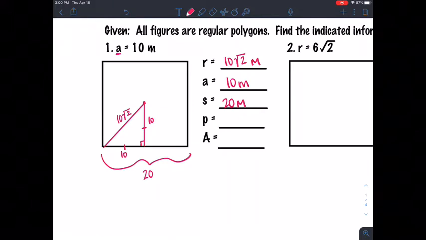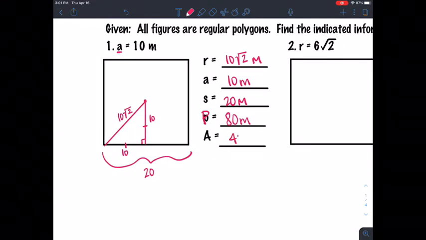And if my entire side is 20, then my perimeter will be 20 times 4, 80 meters. And for my area, I know that you can do 20 times 20 and get 400.